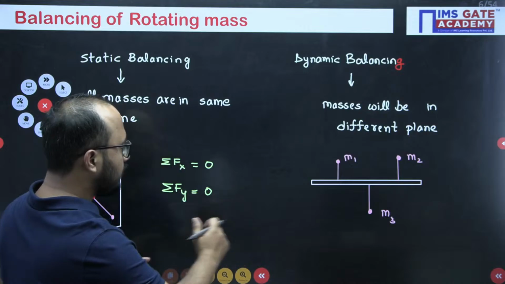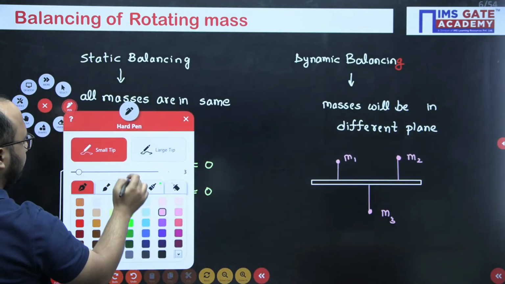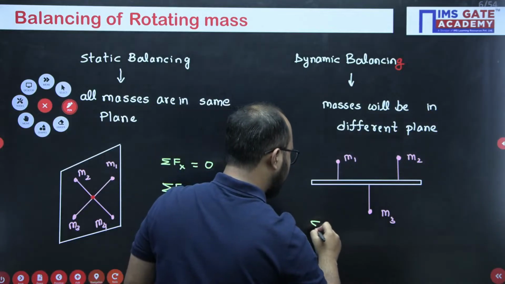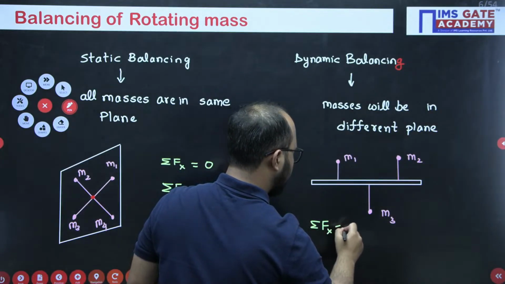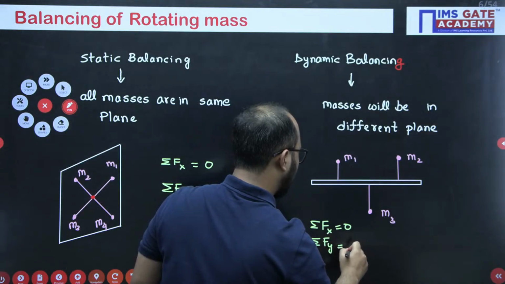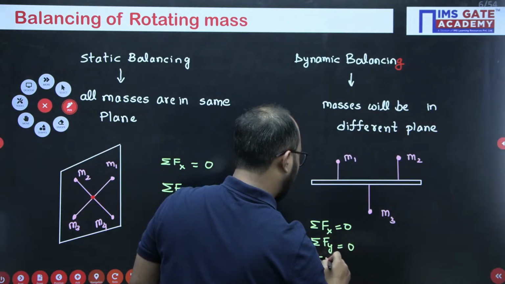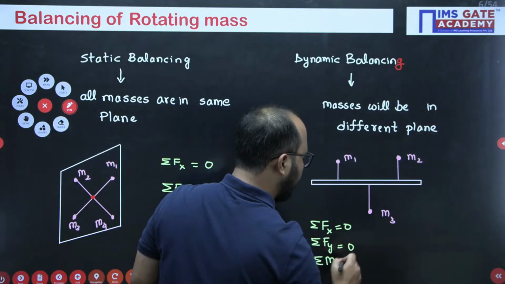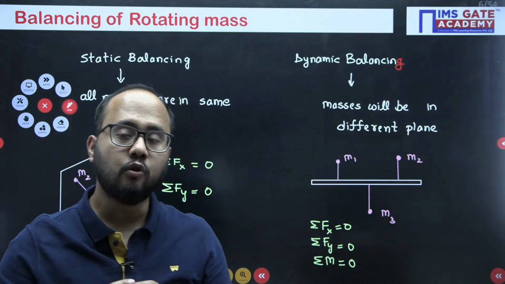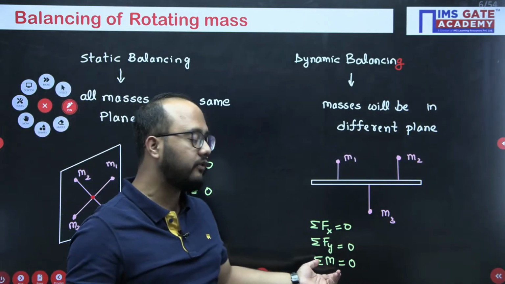So in this case, the equations that we are going to use will be summation of forces along the horizontal direction 0, summation of forces in the vertical direction 0, and summation of moment should be 0. Now about which point? At all the points. Don't get confused about where we have to take moment.